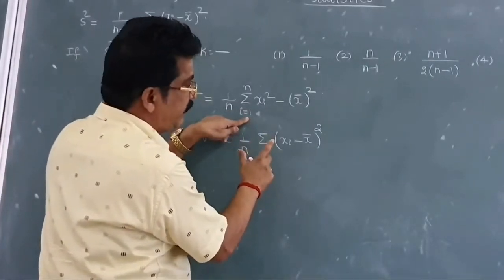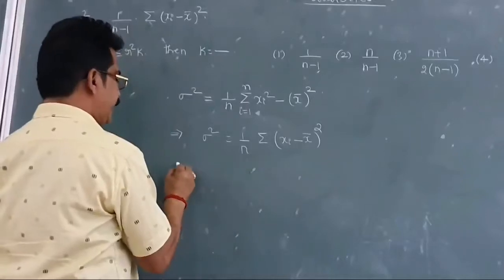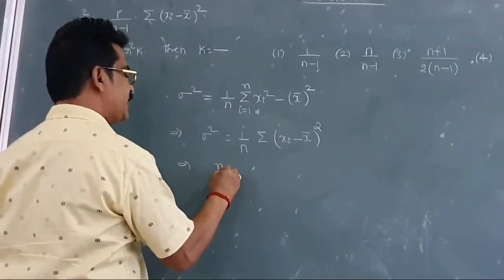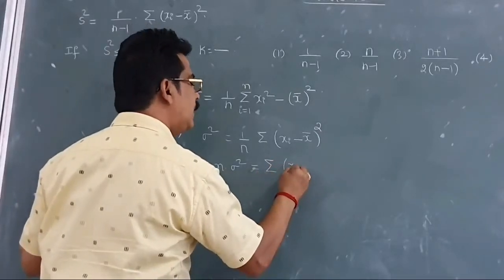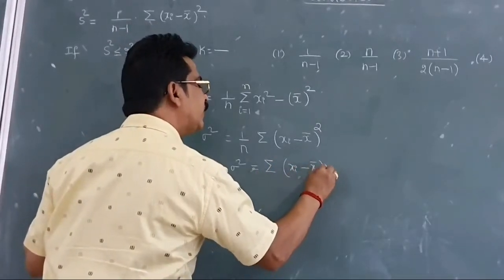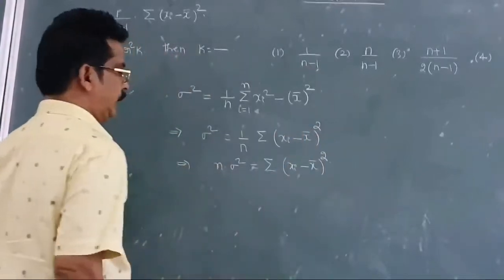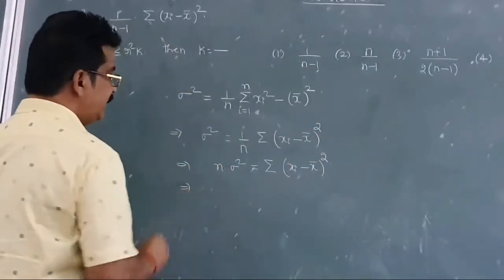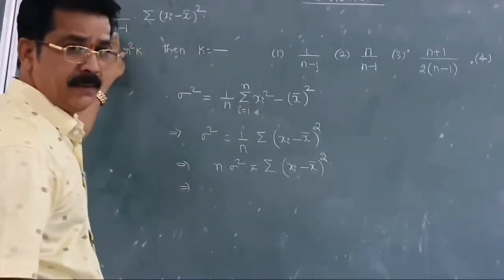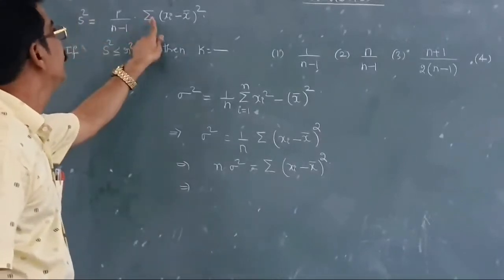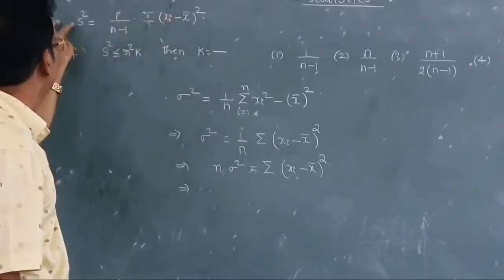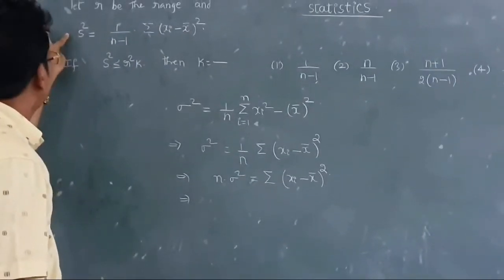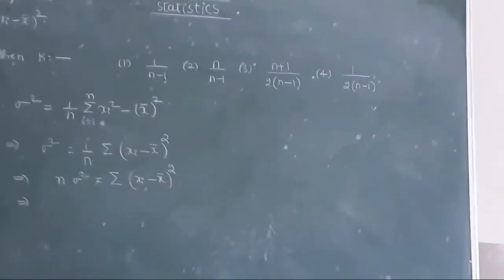Remember, both are of the same value. So by cross multiplication, n into sigma square equal to sigma xi minus x bar whole square. Okay, from the given equation, sigma xi minus x bar whole square equal to what? By cross multiplication we can write n minus 1 into s square.